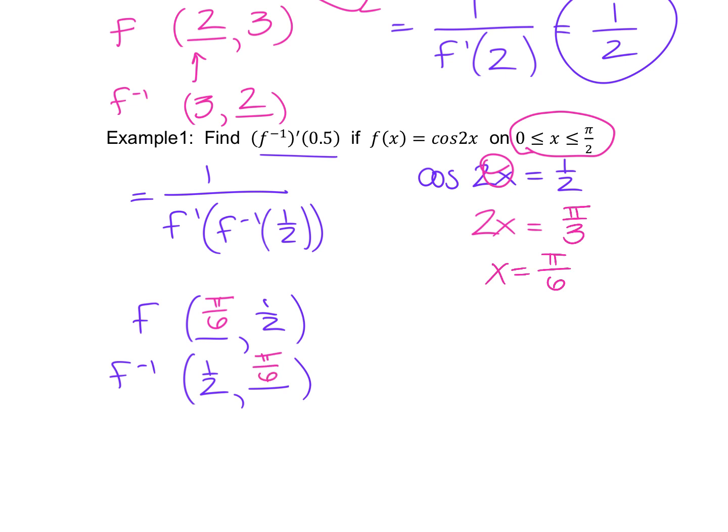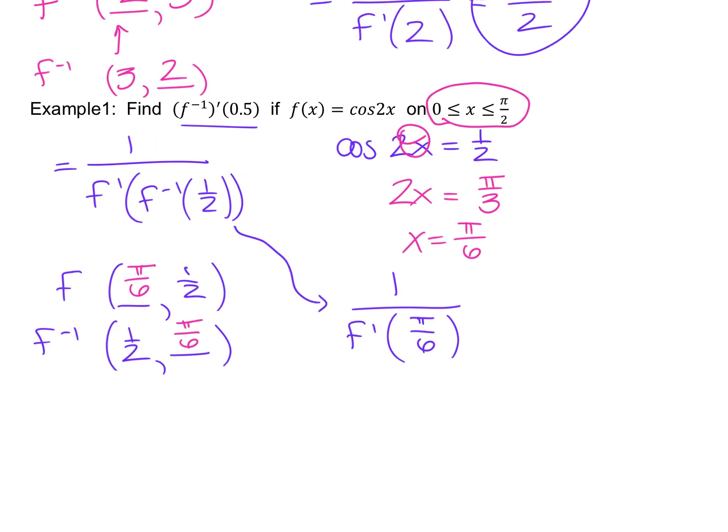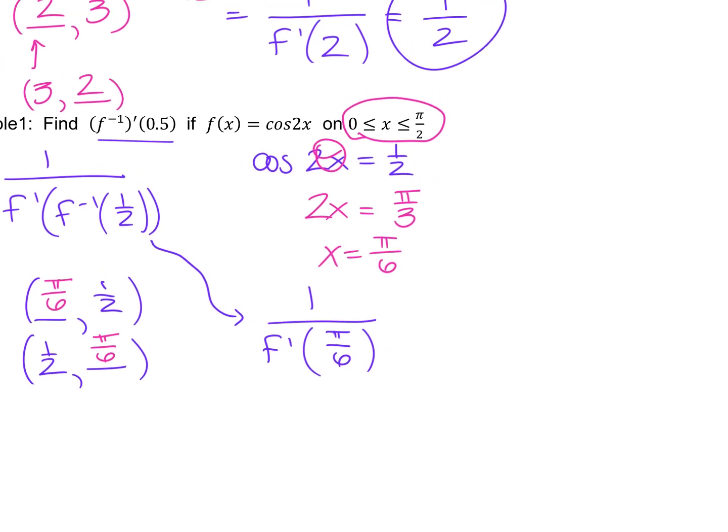All right, so step 2 then is to take this original equation we had and replace f inverse of 1/2 with pi over 6. Now we want to plug that into the what? The derivative. All right, so coming out to the side again. What is the derivative of our original function?